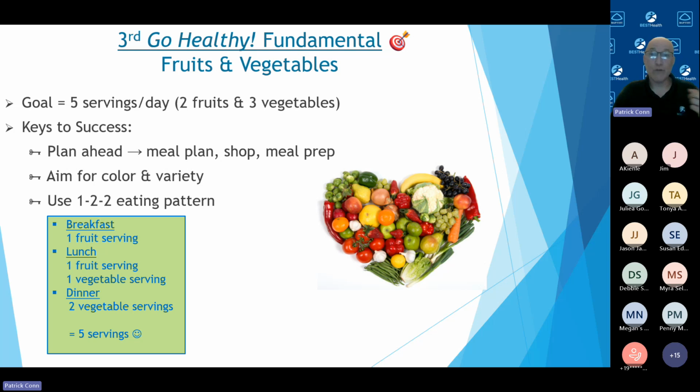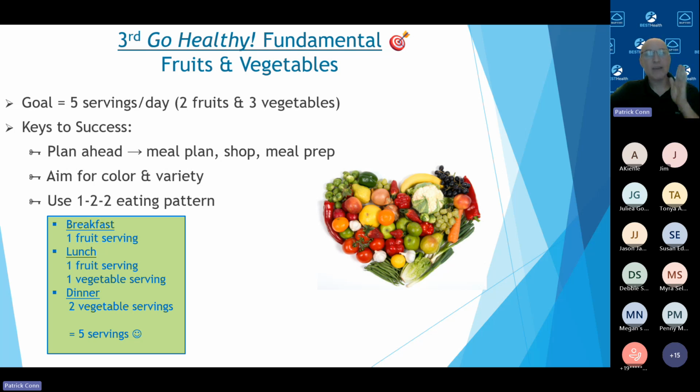For lunch, one fruit serving and one veggie serving, and then dinner, 2 servings of vegetables, which would give you 5 a day. So that's the 1-2-2 eating pattern, and those are the keys to success in general for your fruits and vegetables.